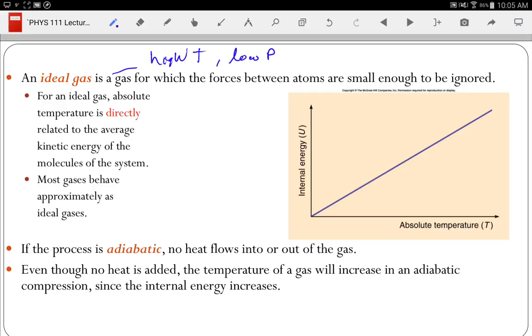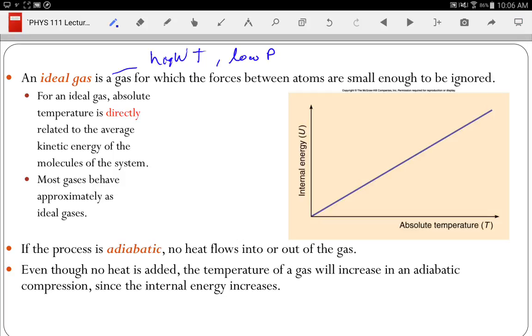So you have those two things about what makes a gas ideal. If you have an ideal gas, then the internal energy is absolutely proportional to the temperature. Remember I said temperature is a measurement proportional to the average kinetic energy.